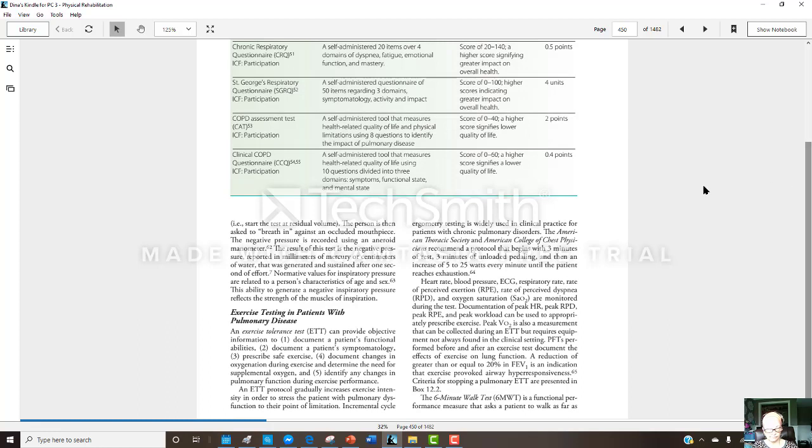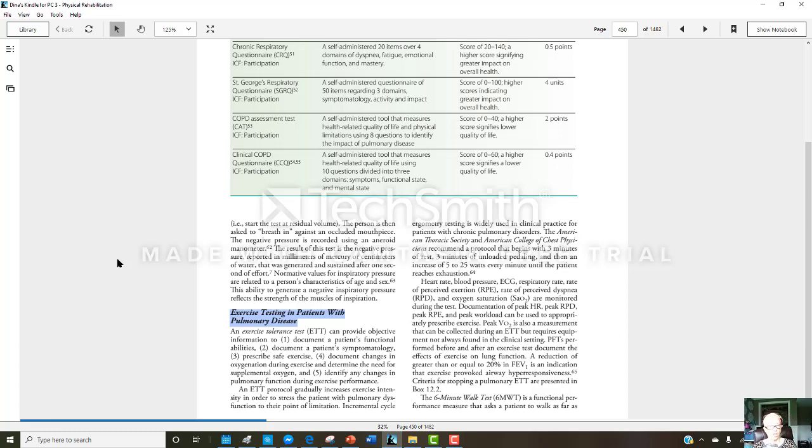The result of this test is the negative pressure, reported in millimeters of mercury or centimeters of water, that was generated and sustained after 1 second of effort. Normative values for inspiratory pressure are related to a person's characteristics of age and sex. This ability to generate a negative inspiratory pressure reflects the strength of the muscles of inspiration.